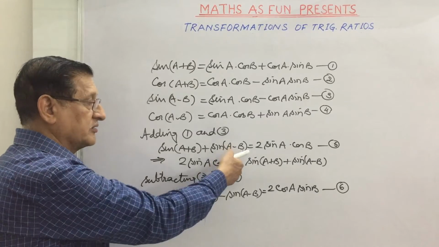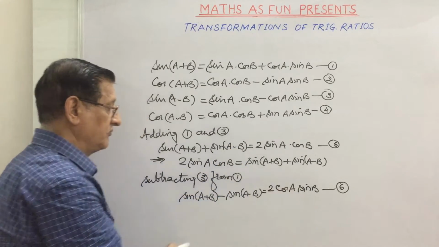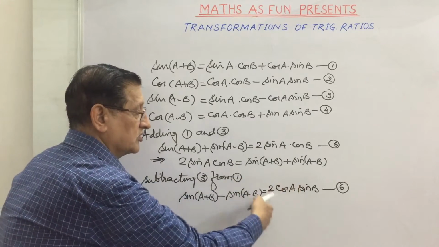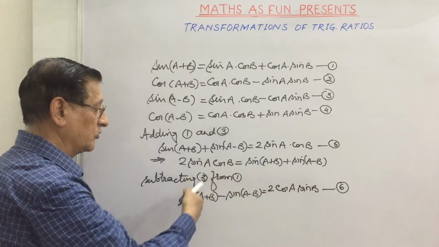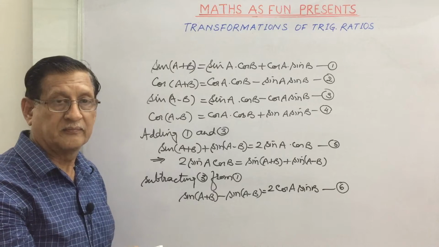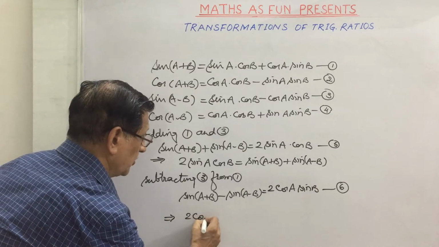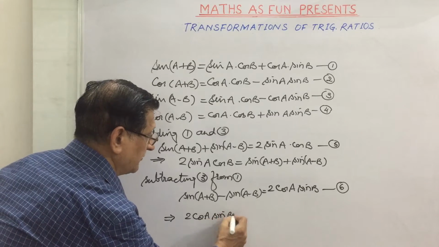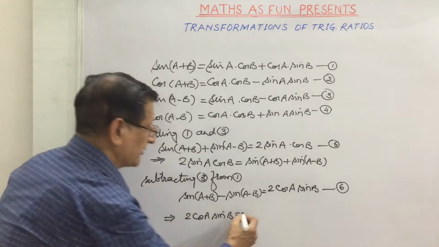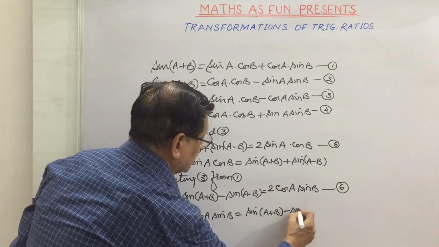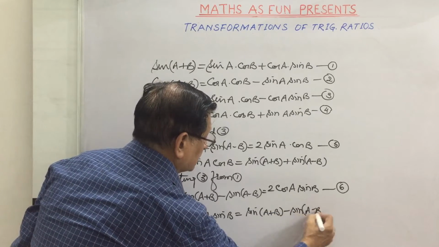Again, as I said here, this is product form and this sum and difference form. We can use this as the product form to convert into the sum and difference form, and we can apply this as 2 cos A into sine B can be written as sine of A plus B minus sine of A minus B.